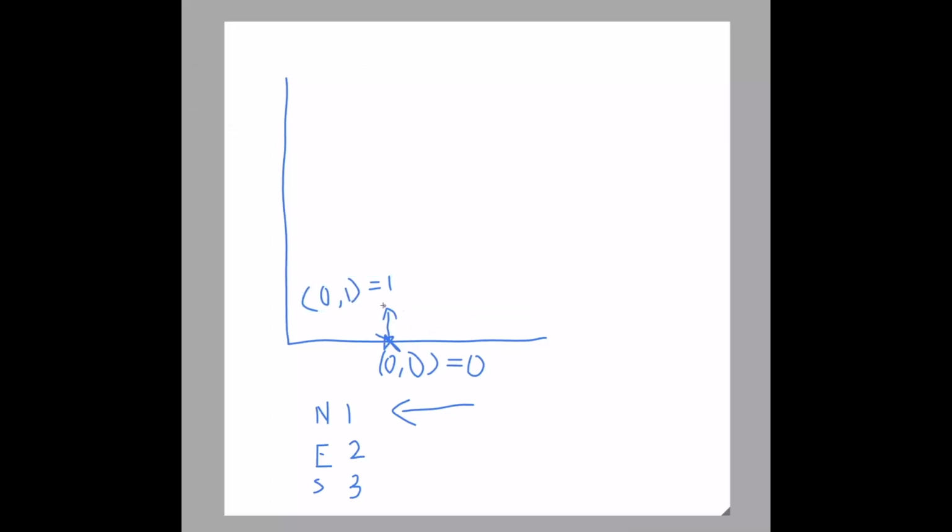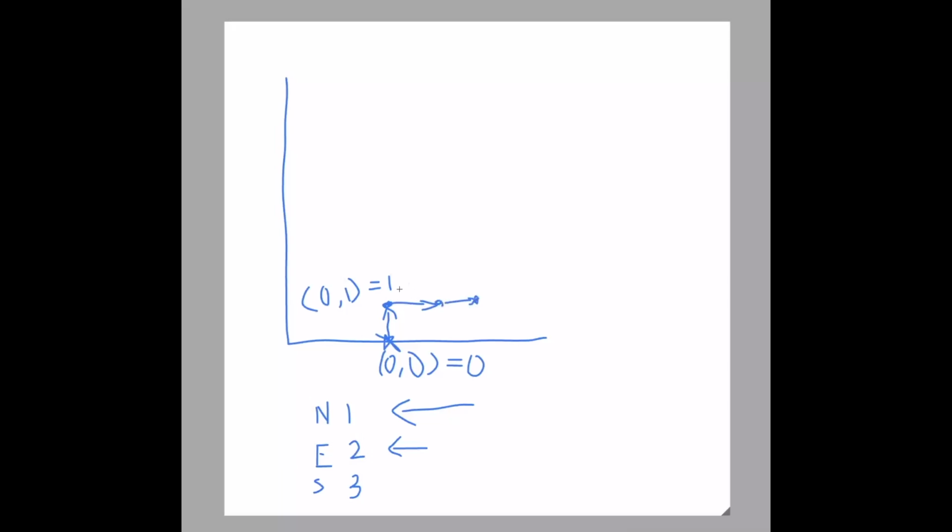Once we get to the coordinate 0, 1 at time 1, we move to the next direction, which says east 2. So we're going to go 2 steps in the east direction, or the right direction.